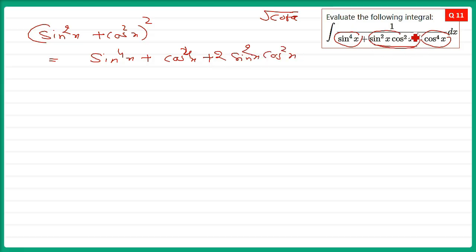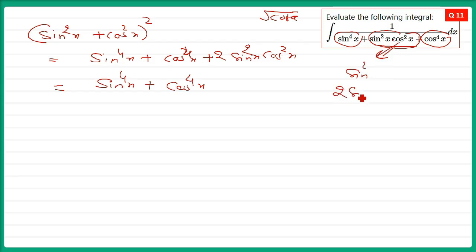In order to get this sin square x cos square x, you can add a sin square x and subtract a sin square x cos square x. That is, if you subtract a sin square x cos square x from here, you will get sin raised 4x plus cos raised 4x plus sin square x cos square x. So we can have a perfect square here along with a sin square x cos square x subtracted. That's what I can see here.